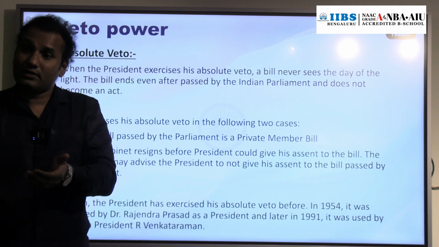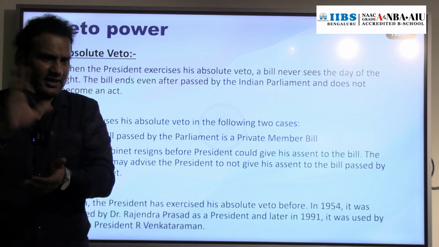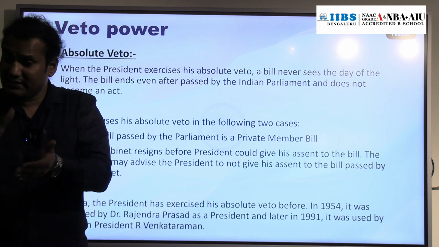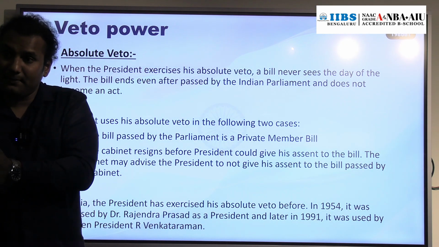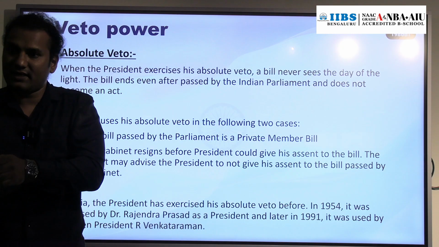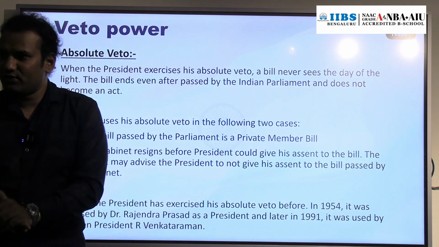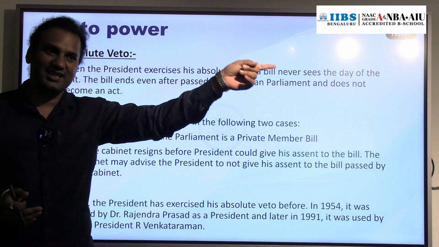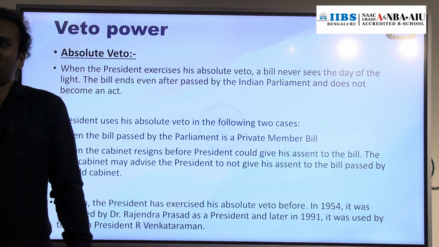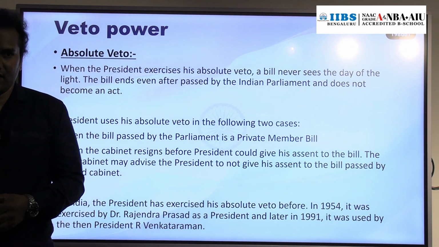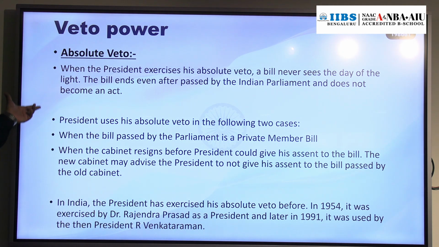The bill passed by the Congress government did not get assent. Then the BJP government formed, and the BJP cabinet advised the president not to give assent to that bill. Why? Because that bill was passed by another political party, but now a different party formed the government. At that time the president can use his or her absolute veto.